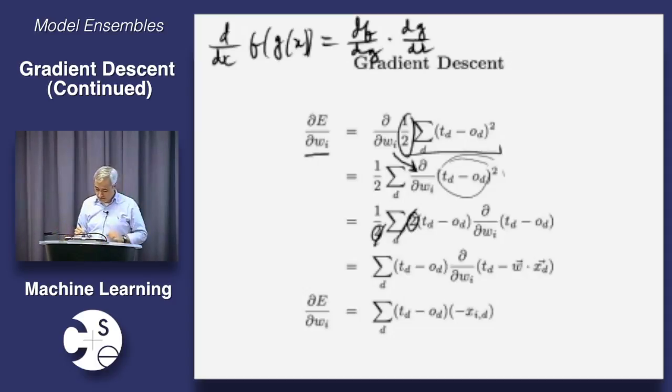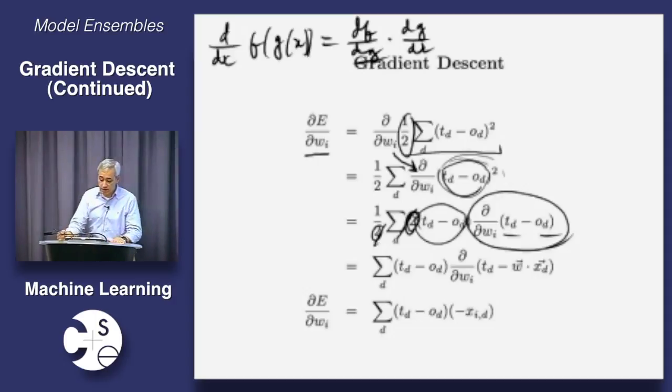So here is 2 times the function. This is the df dg. Now dg dx is the derivative of td minus od with respect to wy. So now, what is that? Let's see, step 1.